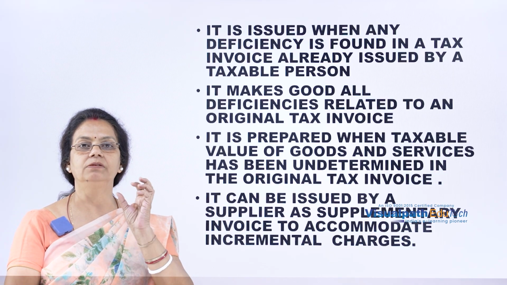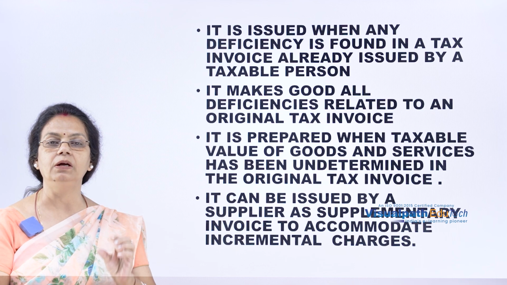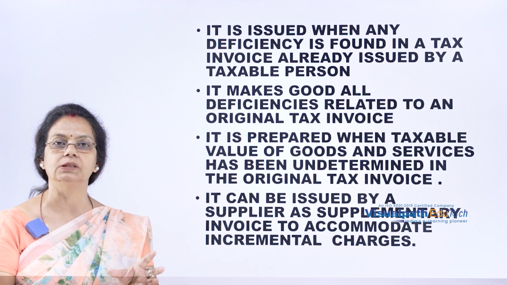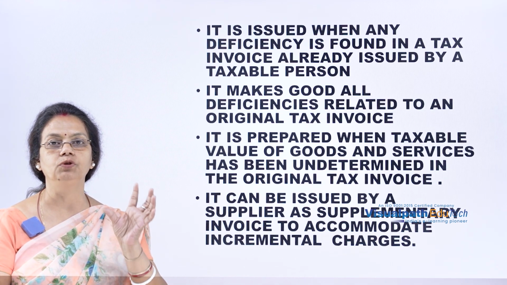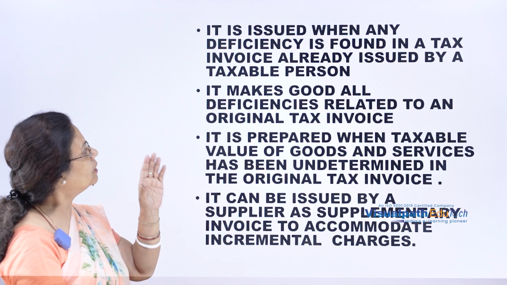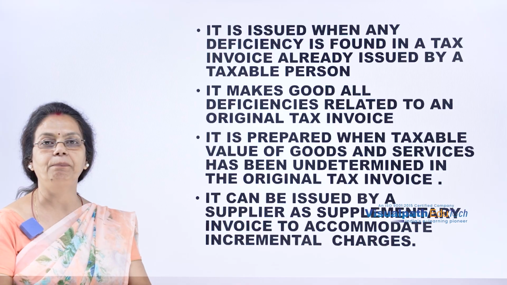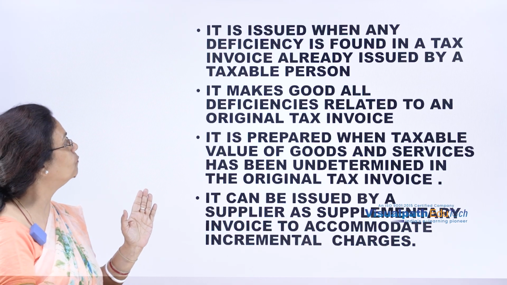So a supplementary invoice is nothing but an invoice which is prepared when there is a deficiency in the total amount of tax which has been dispatched. This is the primary case where we have to prepare the supplementary tax invoice.